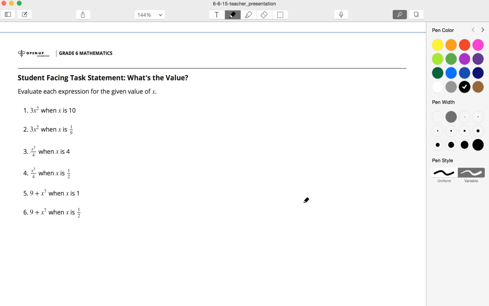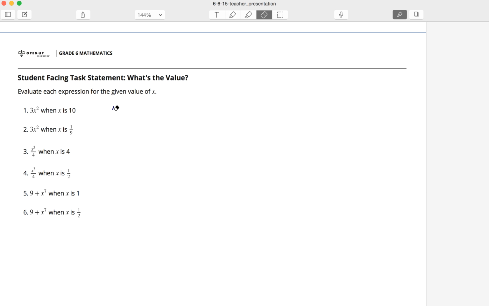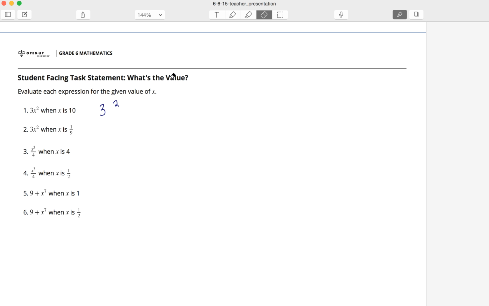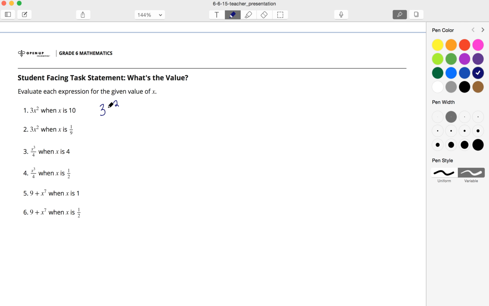Okay, so for each one of these, we're going to be back and go through this. This is 3. Oops, sorry, my pen got a little messed up there. 3x to the power of 2 when x is 10. So I'm going to think of this, instead of an x, as 3 times 10 to the power of 2.